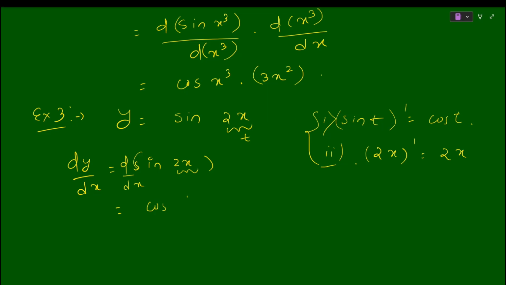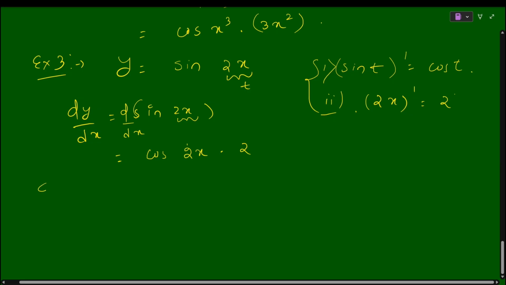So instead of writing t, I will write 2x, then into the second step. What is the t value? T value is 2x, so the derivative of 2x would be 2. Okay, sorry, mistakenly written here, it is 2.